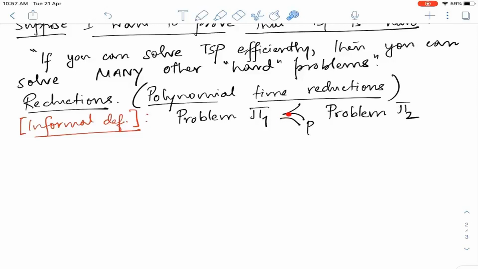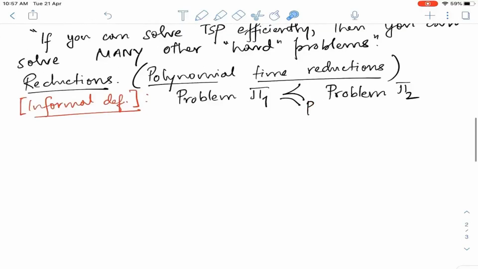This is more like less than or equal to, which somehow means that problem pi 2 is at least as hard as problem pi 1, in the sense that if you have an algorithm to solve pi 2, then you will also have an algorithm to solve pi 1. So this is what this less than or equal to kind of symbol means. This means that problem pi 1 reduces to problem pi 2 in polynomial time. The P stands for polynomial time. That's the notation that we are always going to use.